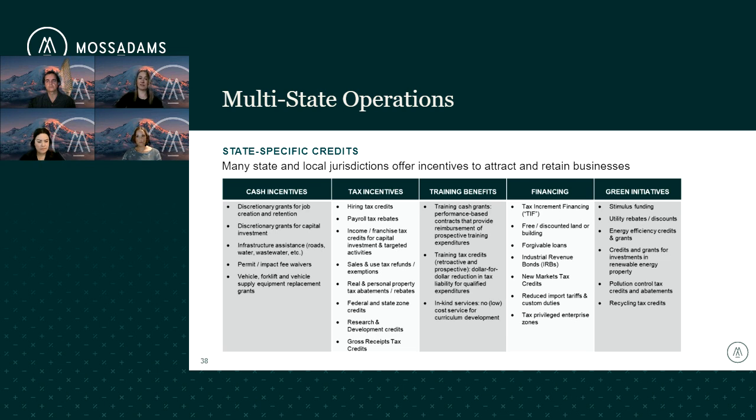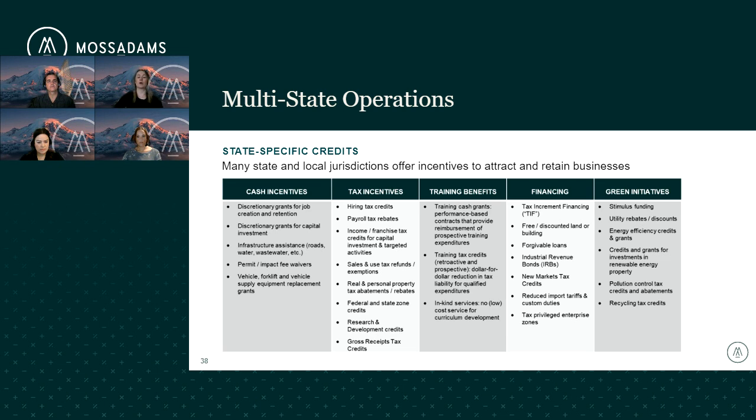Also training benefits. Training cash grants for reimbursement of training expenditures, training tax credits for different types of qualified expenditures, in-kind services, costs, assistance with curriculum development. There are also financing incentives, so tax increment financing, forgivable loans, new markets tax credits, which Chris touched on, tax privileged enterprise zones, different types of things under there.